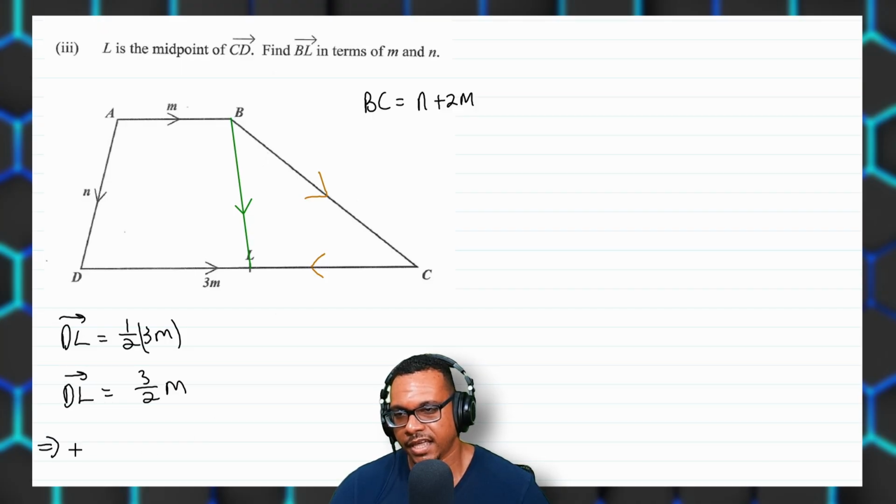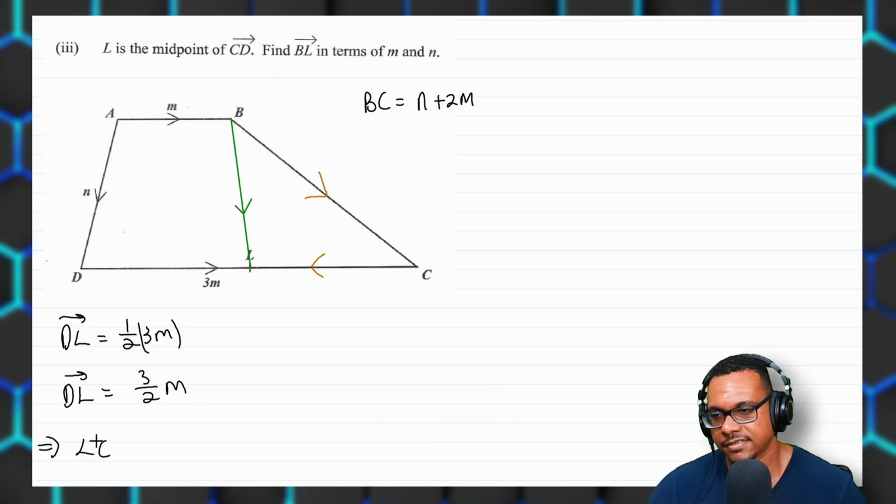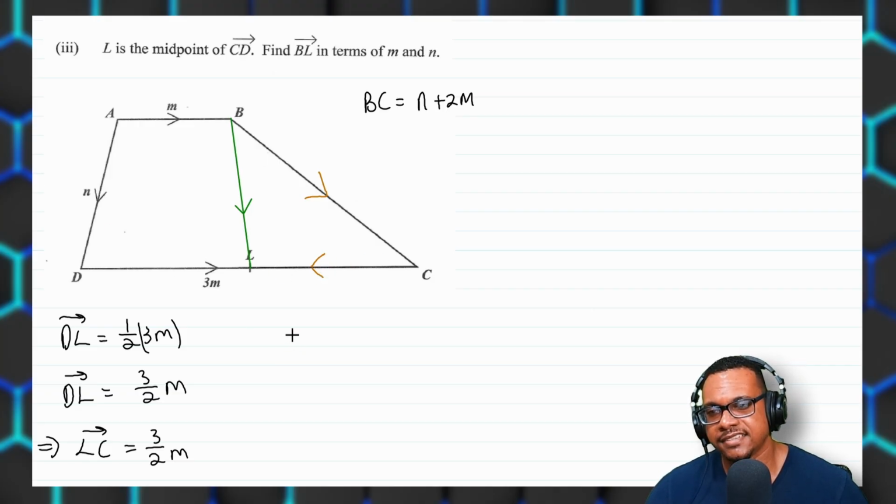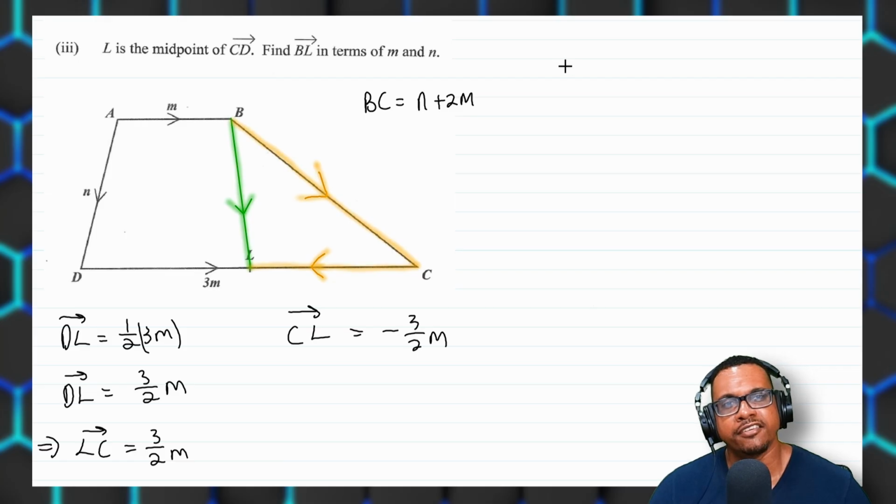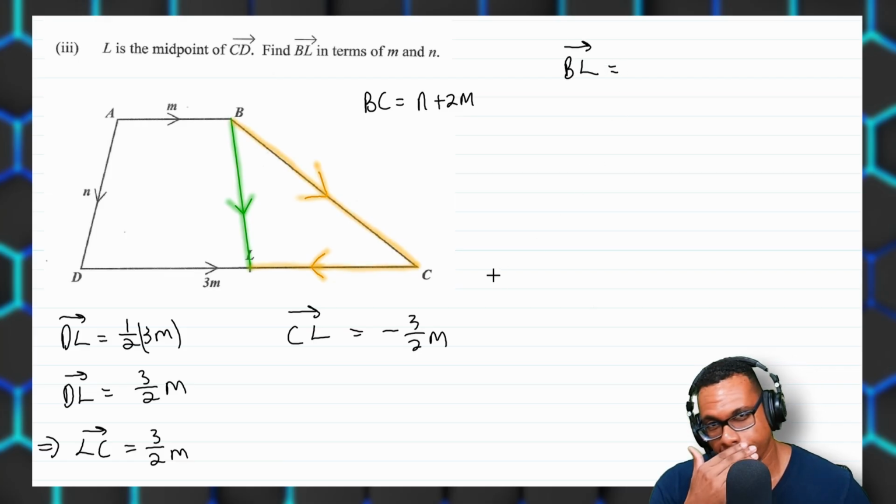And that would also imply that the vector L to C is also 3 over 2 M. Now, seeing that I want the arrow to go in this direction, but L to C is going this way, I'm going in the opposite direction. So C to L is just going to be the negative of this, which is negative 3 over 2 M.